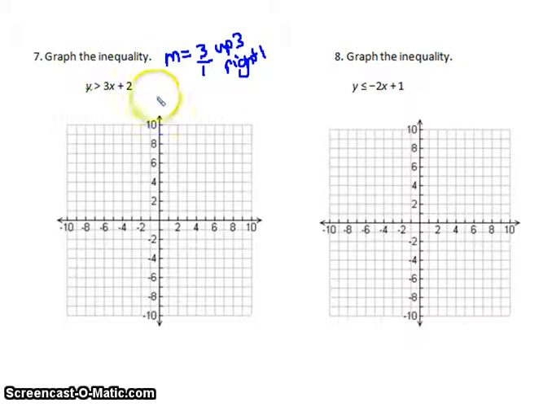My y-intercept is 2, so I put a point on 2. I go up 3 over 1, up 3 over 1, down 3 to the left 1, down 3 and to the left 1. Because it's just greater than, I have a dotted line.